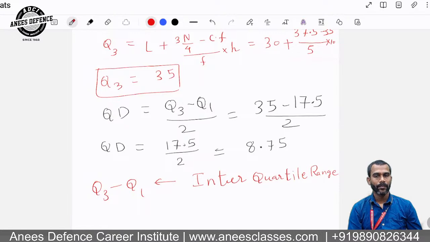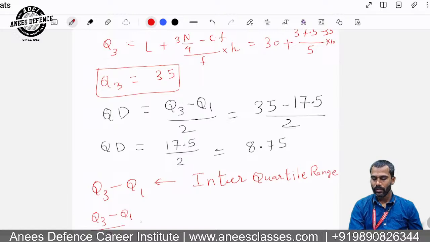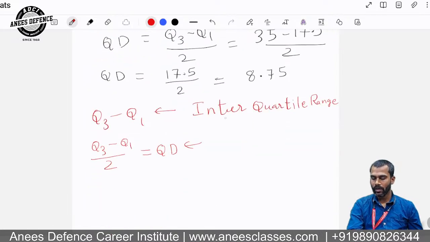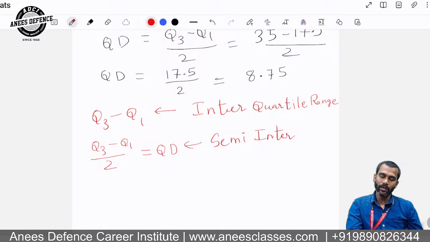And Q3 minus Q1 upon 2 is nothing but quartile deviation, also known as the semi-interquartile range. Semi means half. Every term's name has some reason, so if you remember those reasons, you don't have to worry about anything.